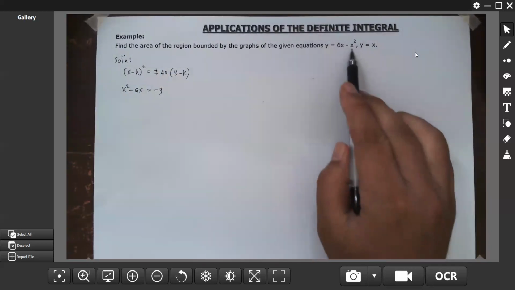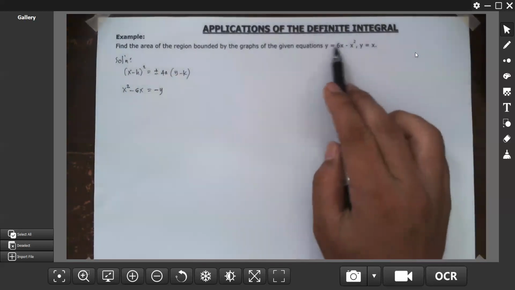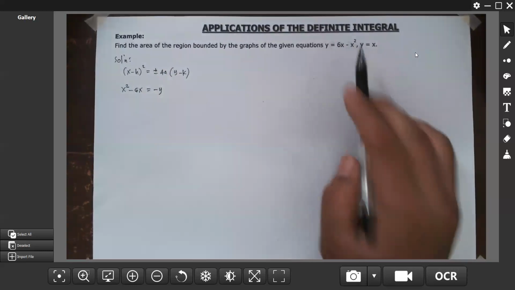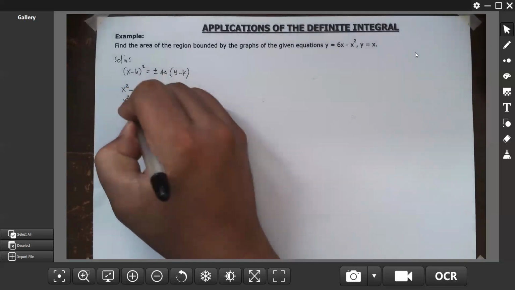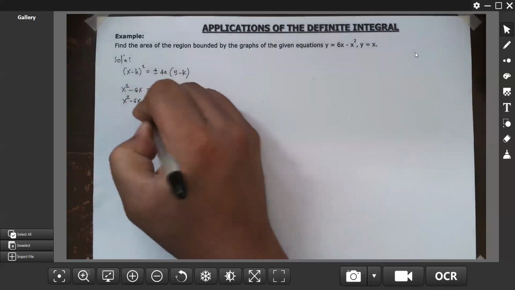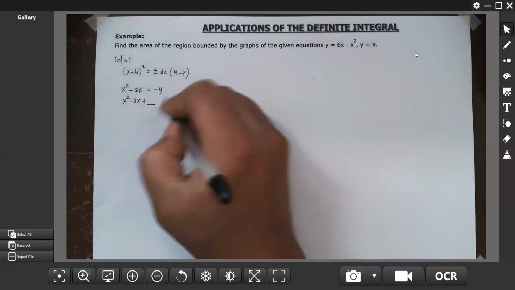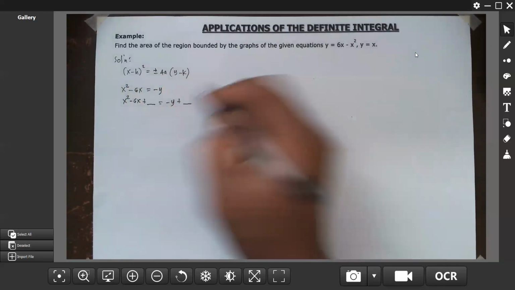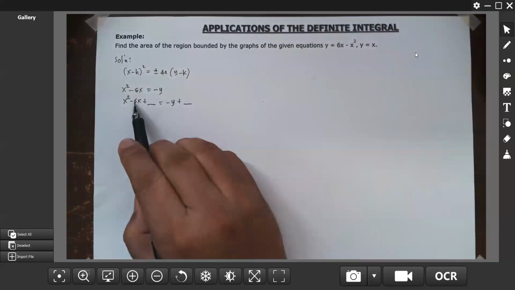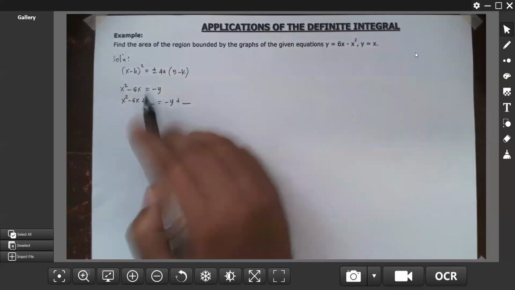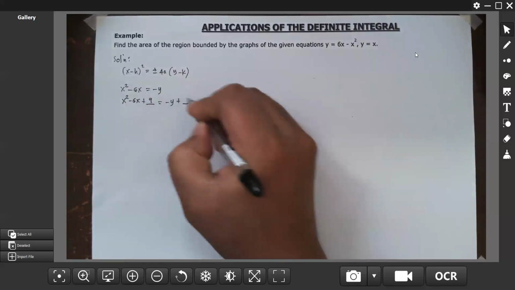Transpose x squared, transpose negative 6x, transpose y also. And to complete the square, you add a third term, a constant, and then you add also the same number on the right side. The third term is 6 divided by 2, 3. Squared, you have 9, and then 9.